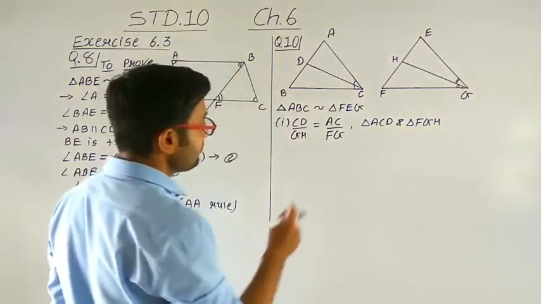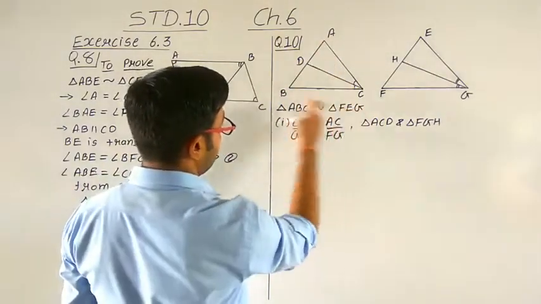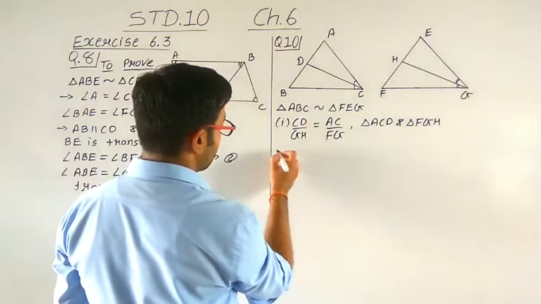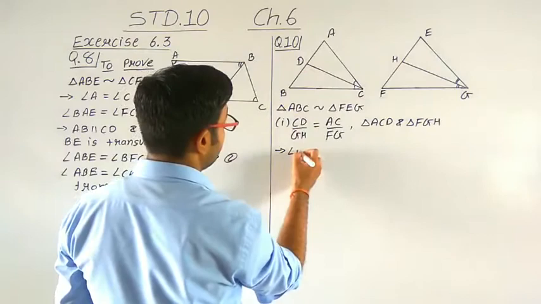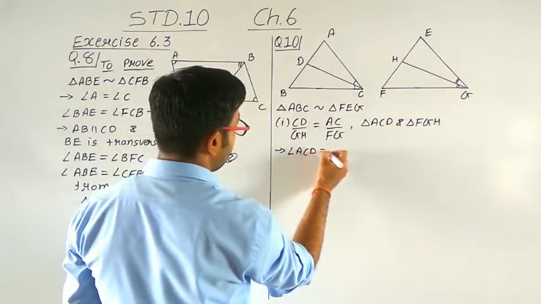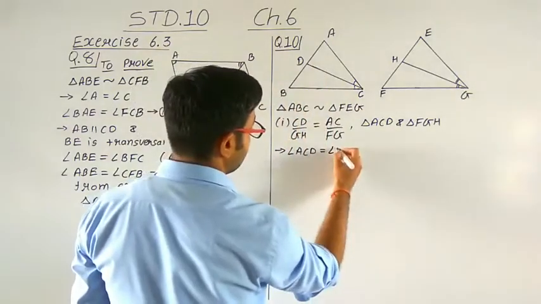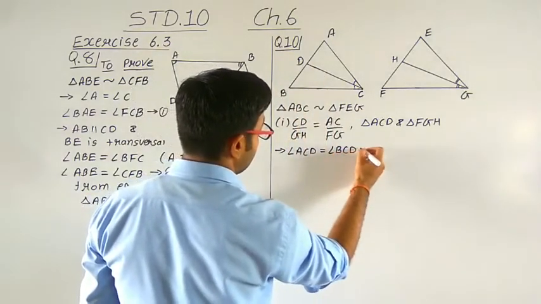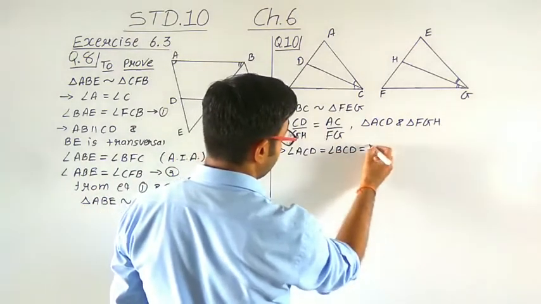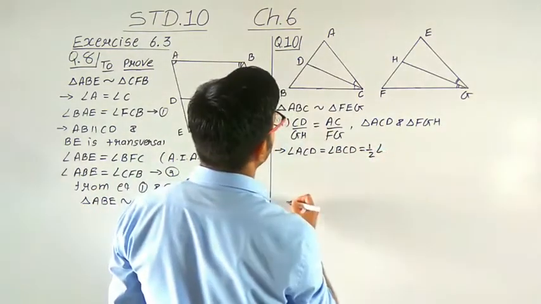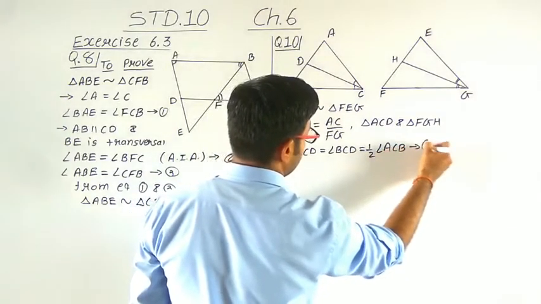Let us see. Here we are given that CD is the angle bisector of angle ACB. So angle ACD will become equal to angle BCD, and these two are equal to 1/2 of angle ACB, right? Give it the equation number 1.